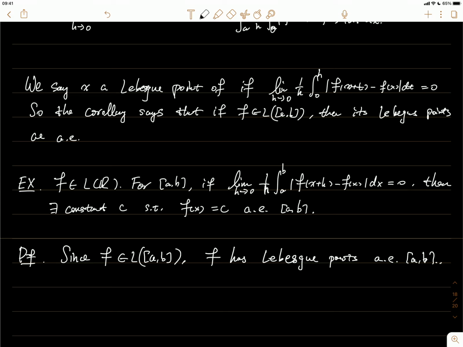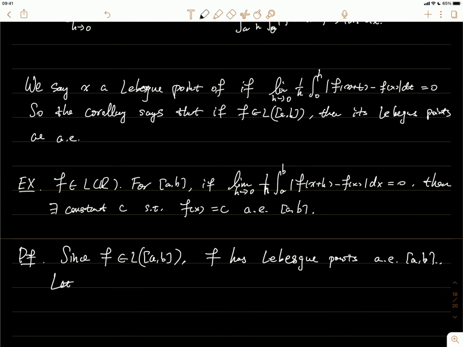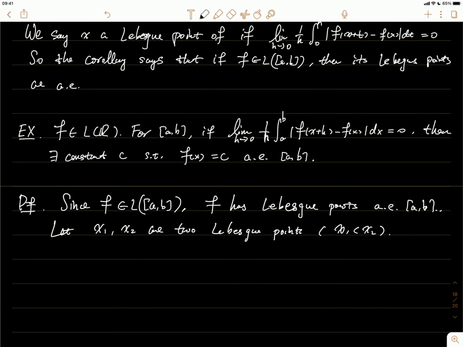Well, from this, what we can claim is that if I have two distinct Lebesgue points, and let's assume that x1 is less than x2, we want to show that the function takes the same value at these two points.